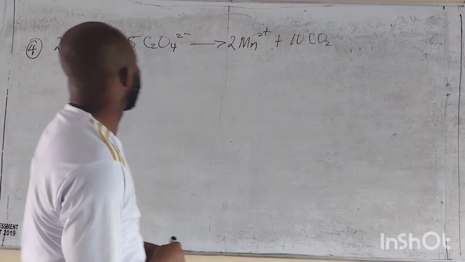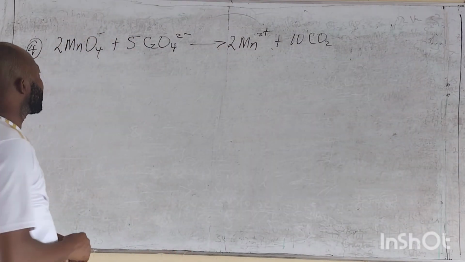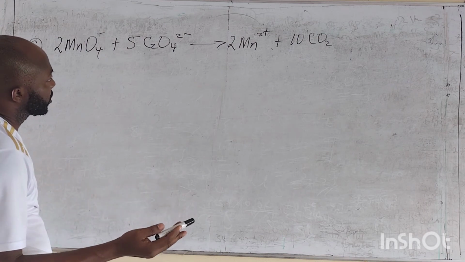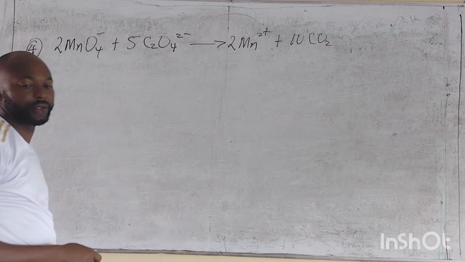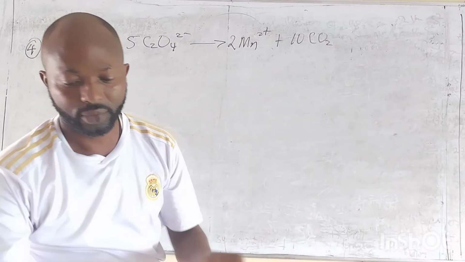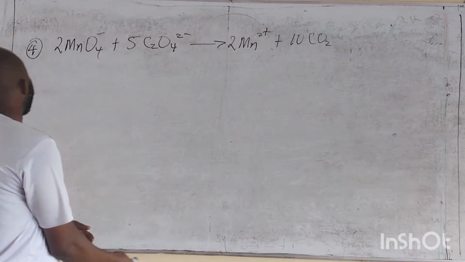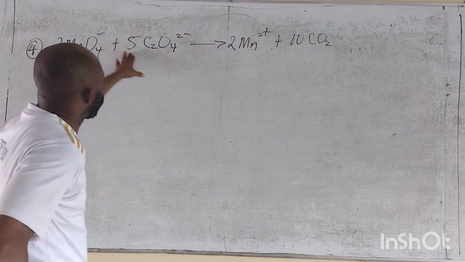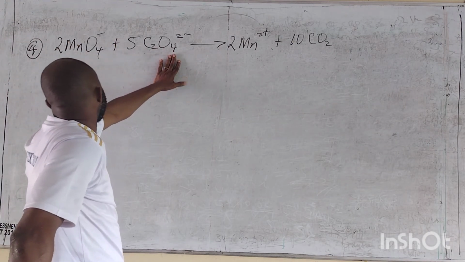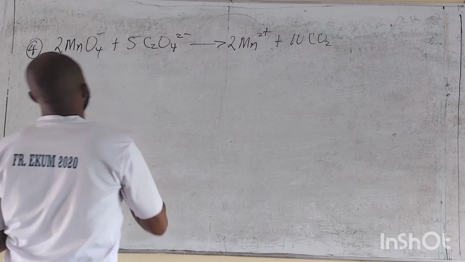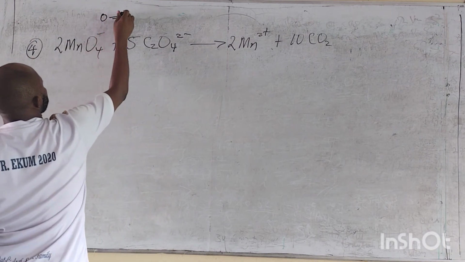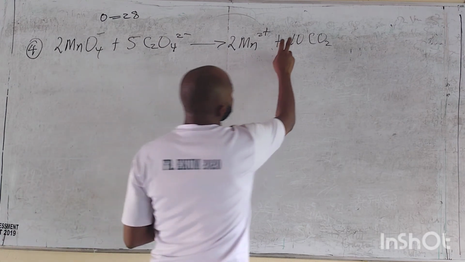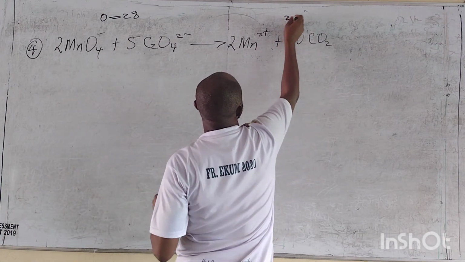So here again they've done the needful. All we need to do is to balance oxygen and hydrogen. Now, oxygen here, we have 2 times 4, 8. 5 times 4, 20. So 28 oxygen here. On the other side, 10 times 2 for oxygen, 20.